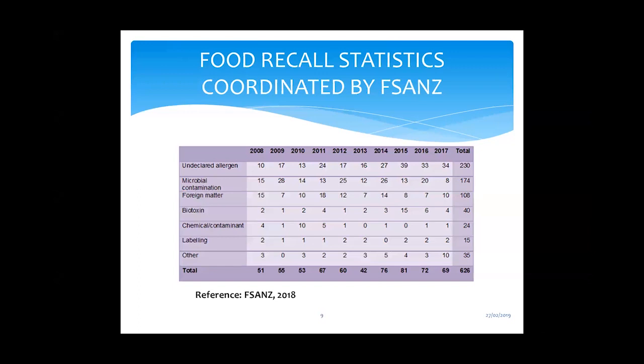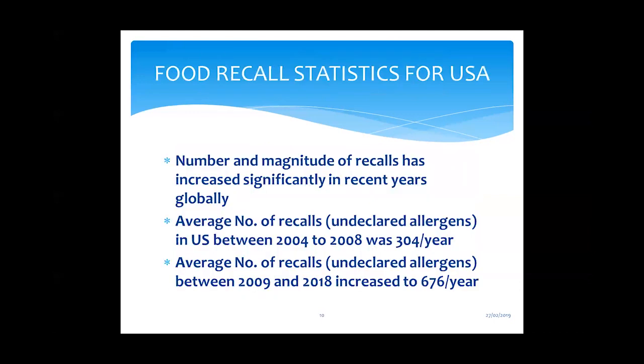I'd like now to talk a little bit about food recall statistics in the USA. It's not too dramatic. It's more or less similar to the data I just presented in Australia. As we know, the number and magnitude of recalls are constantly increasing in a significant way all around the globe.